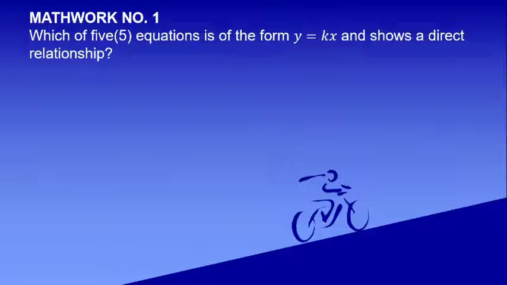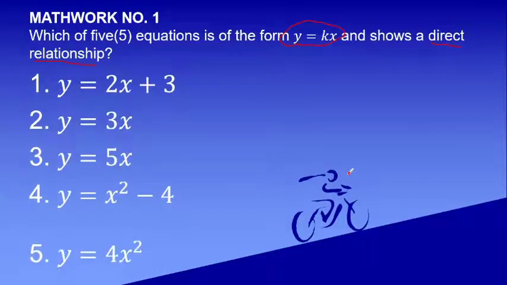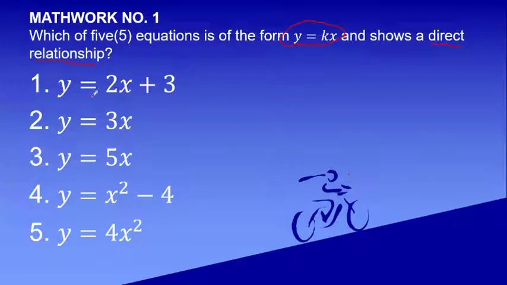Math work number 1. Teka, I'm going to prepare my pen. So, which of the 5 equations is in the form y equals kx and shows a direct relationship or direct variation relationship? We have 5 candidates. So, is it y equals 2x plus 3?